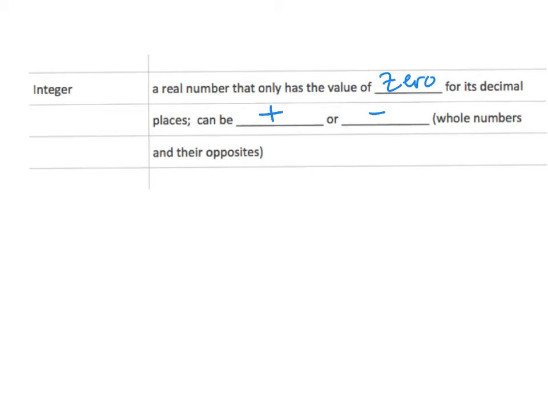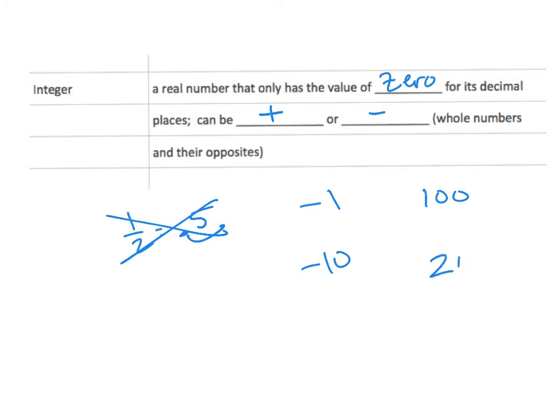So 1/2 would not work because anything after the decimal has to be 0. So any positive or negative whole number. So -1, -10, +100, +21, 0. All of these are integers, no decimals.